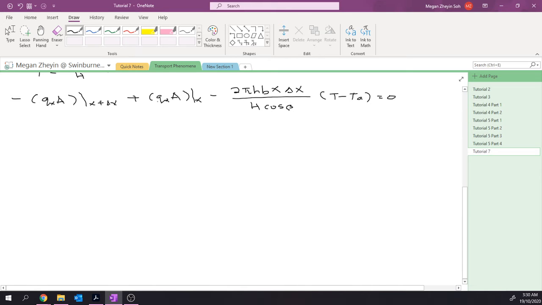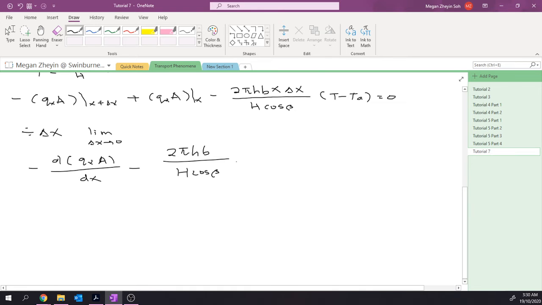So we divide everything by delta x and take limit as delta x approaches 0, we should get negative d qxa over dx, minus 2 pi h b over h cos beta x multiplied by (T minus TA) equals to 0.